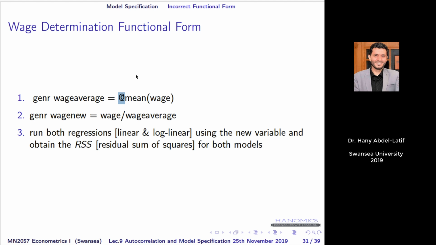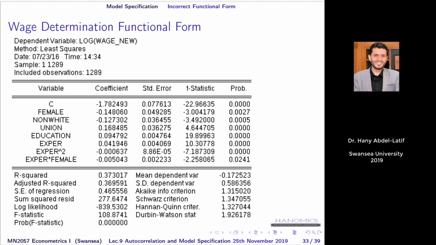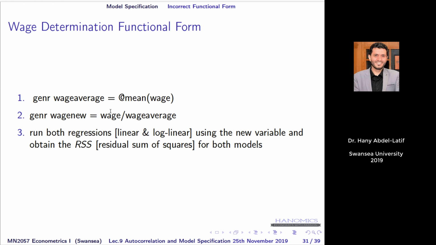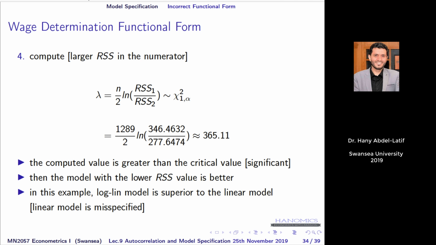Just remember, these are our models. Here I have wage new, so that means it's the linear one. And here the log of wage new, which is the new variable I created using the log form. Now all I need to do is obtain the RSS, the residual sum of squares, from both regressions, and then compute this statistic.